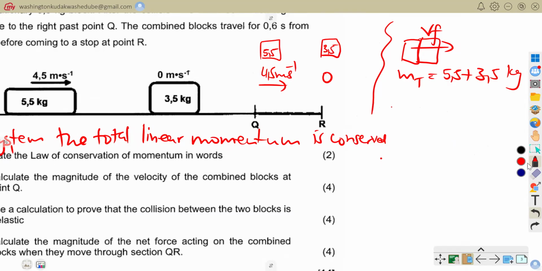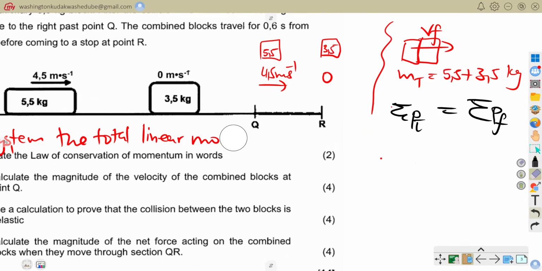We now get to apply the law of conservation of linear momentum, which says that the total linear momentum before, or initially, should be equal to the total linear momentum after, or final. So what is the total linear momentum before? Allow me to wrap this.